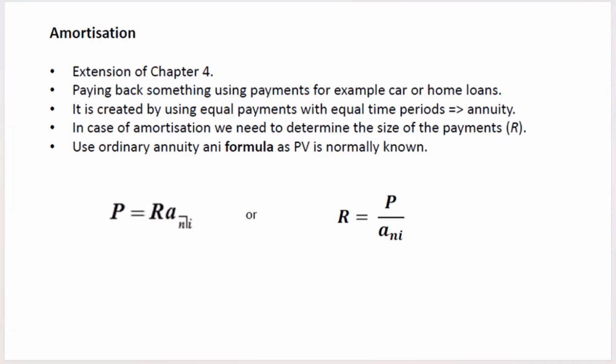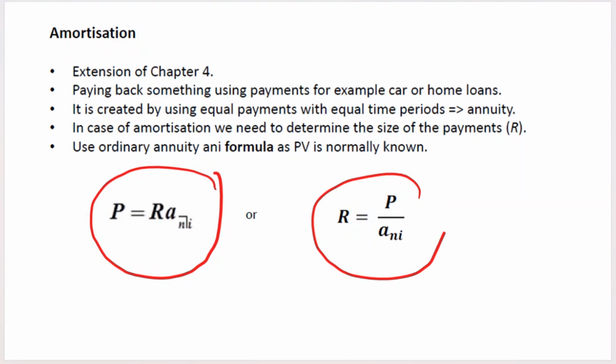So the formula is mostly like this one. We are looking mostly for the payments. This is the formula for the payments, and it is coming from here. So let us look at the questions on amortization.